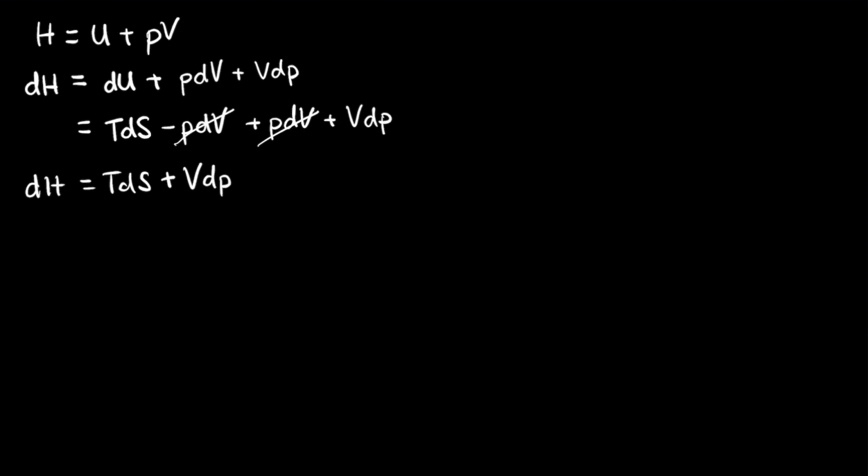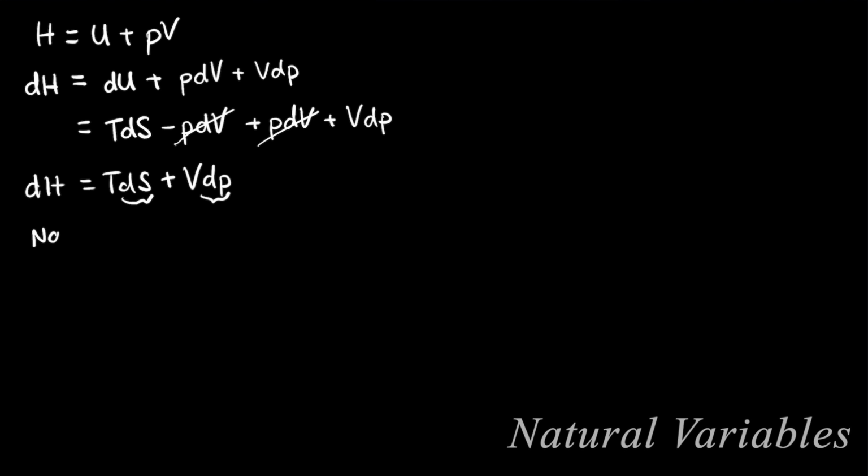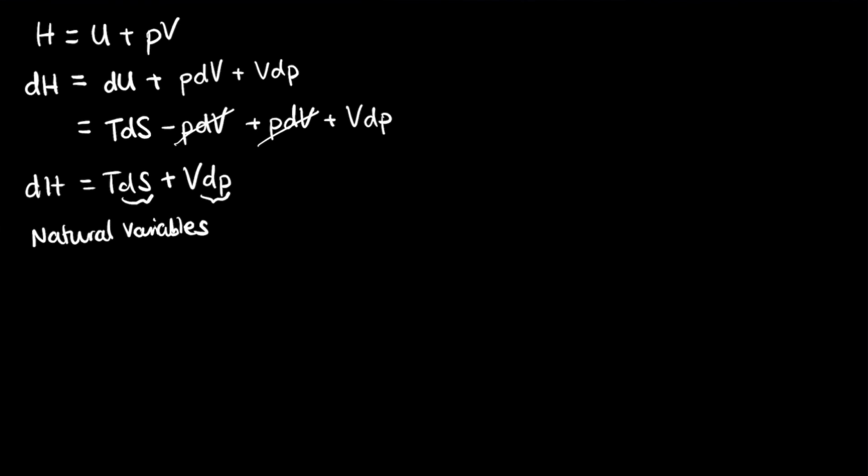And so we've ended up with two different natural variables right here. We've ended up with entropy and pressure rather than entropy and volume, which is the case for the internal energy. And we call these two variables right here, the ones with little d's before them, the natural variables of the thermodynamic potential. So internal energy, let's write it down here. The internal energy had its natural variables as the entropy and the volume, and also the particle number N. But let's just forget about the particle number for a sec.